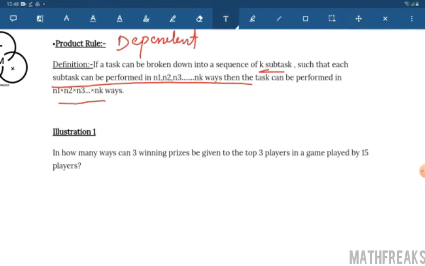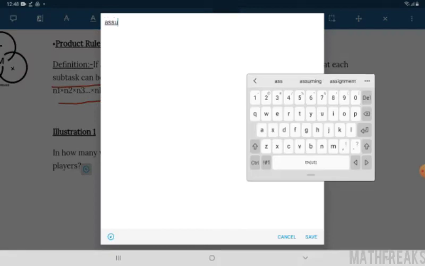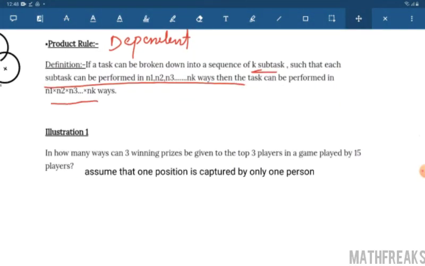Here we have to take an assumption. Just a minute, the question needs to be edited.